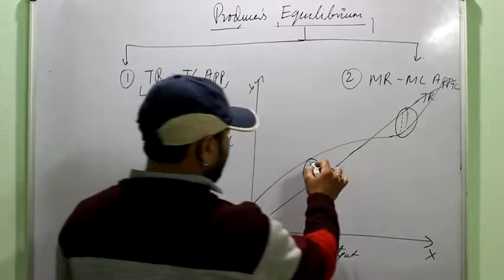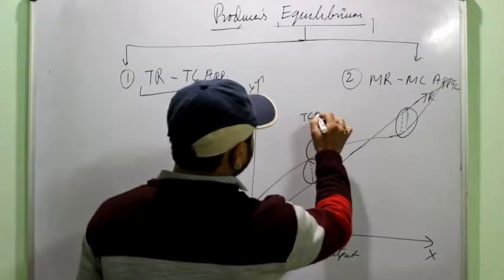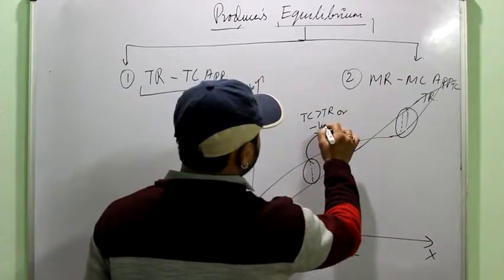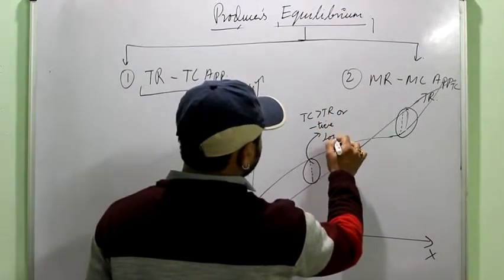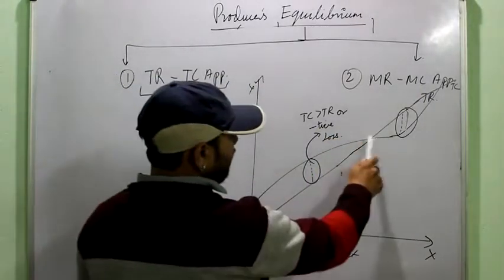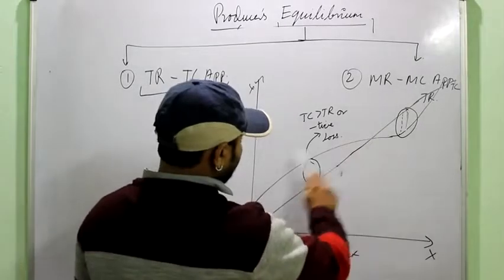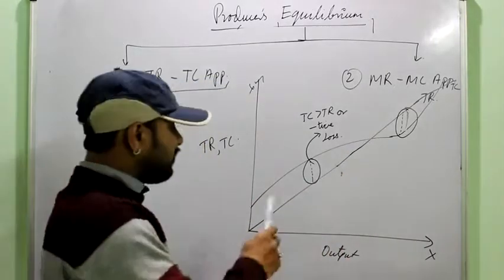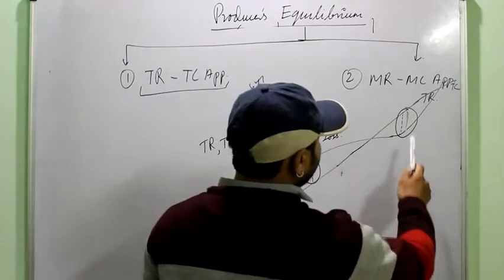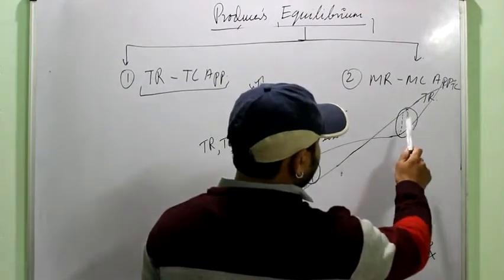Okay, but at this point TC is more than TR, or you can say this is a negative difference, or you can say it is a situation of loss. Actually, if you look at the graph, starting from this point up till this point, there is a loss for the producer. His cost is more than the revenue. This is his break-even point where TR is equal to TC, and this is the point from where his profit starts.